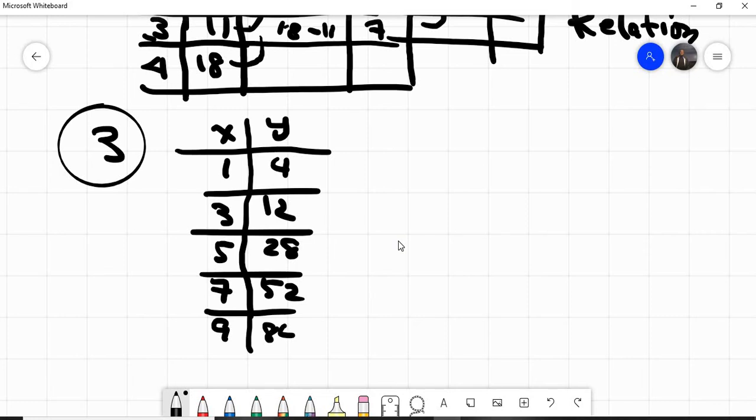So we have to do the first difference and see how it goes.